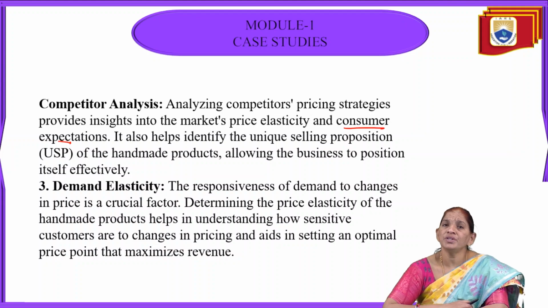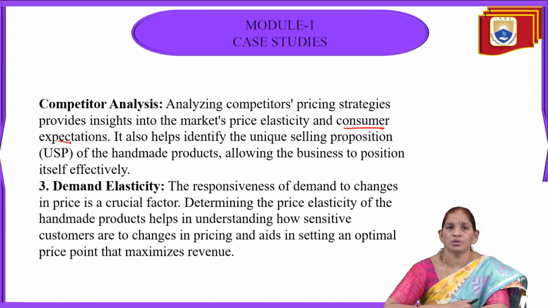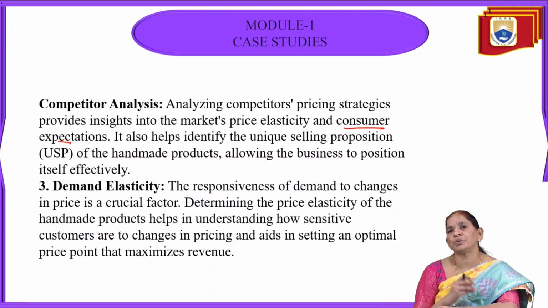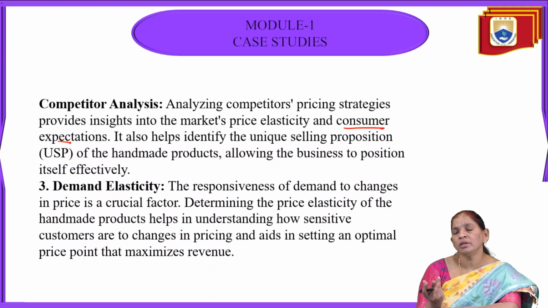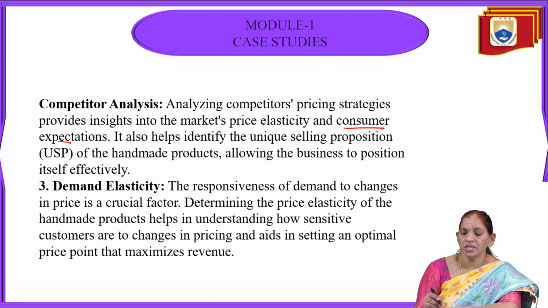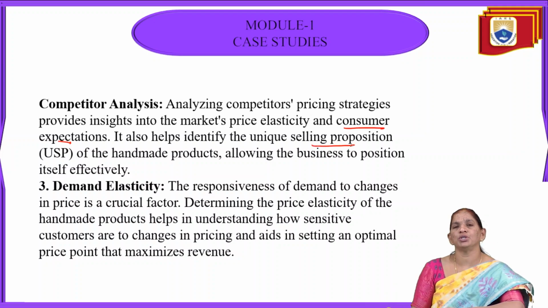We should also take into consideration consumer expectations. Along with the competitors, what consumers specifically want, the additional features, should be identified. Here it helps us to identify the unique selling proposition, USP.